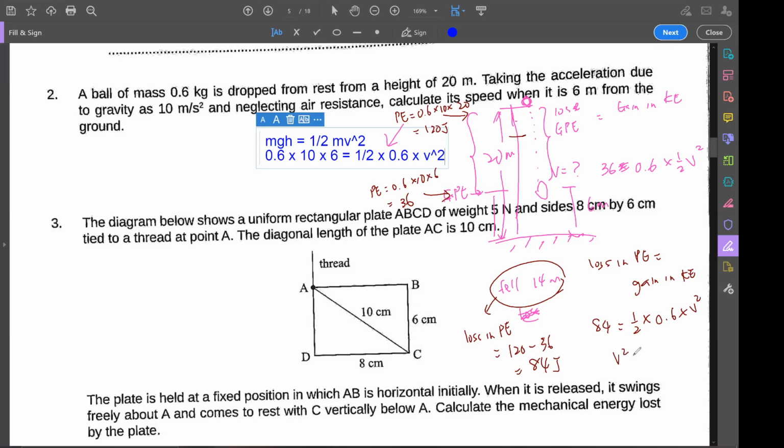So v squared is 280. v is 16.8 meters per second. You look through again and let me know whether I should re-explain this.